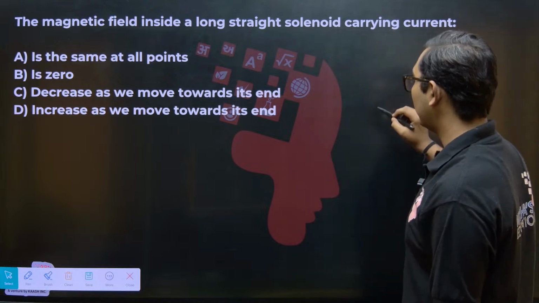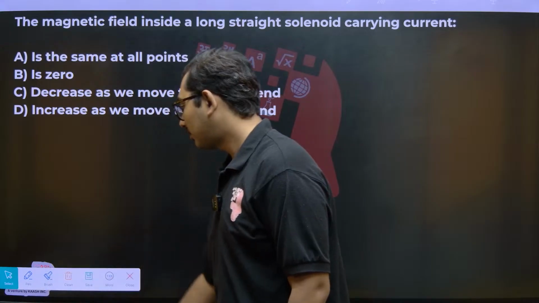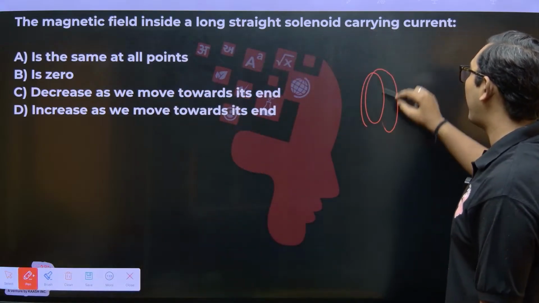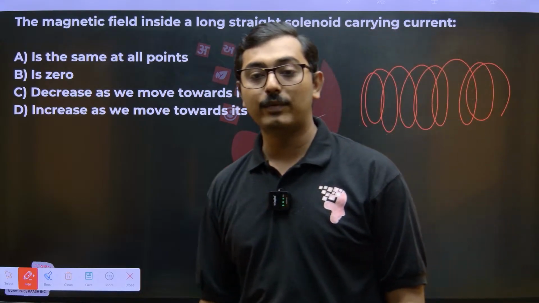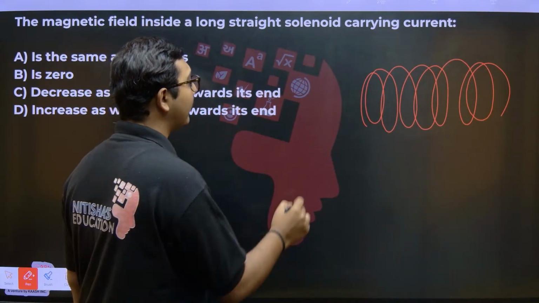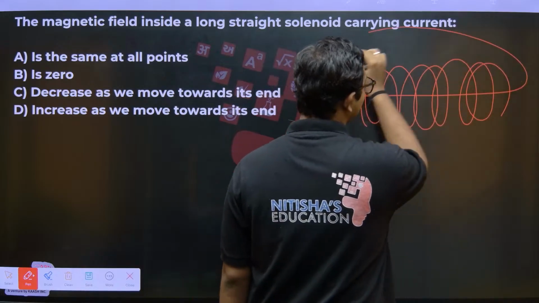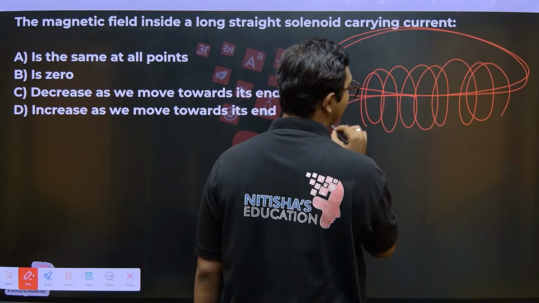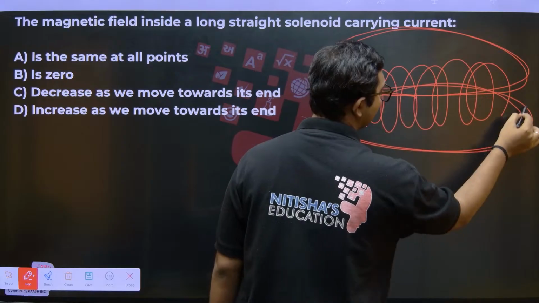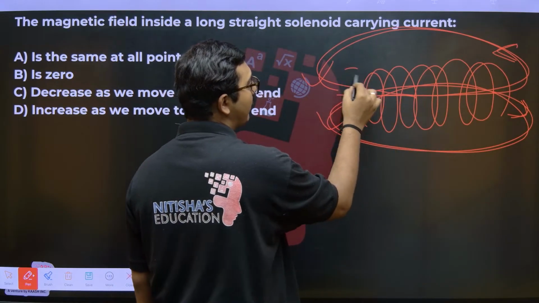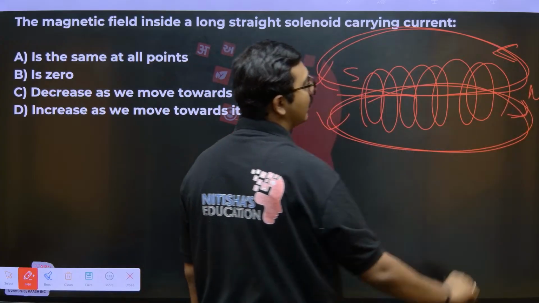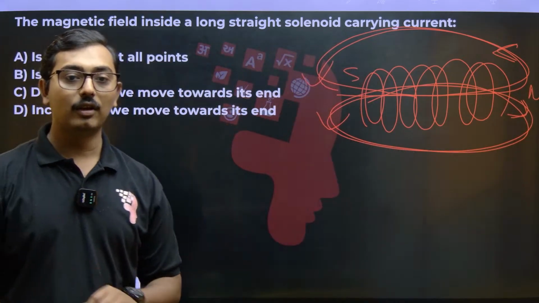In a solenoid, if we have observed, what do we observe? The magnetic field lines form like this. So this would be our south pole, and this would be our north pole.